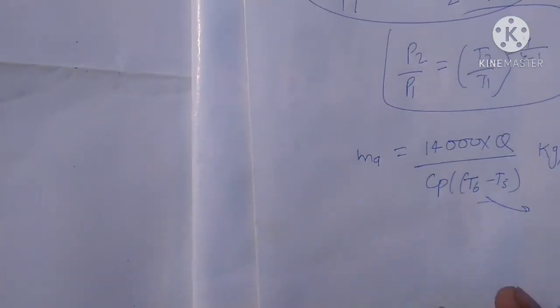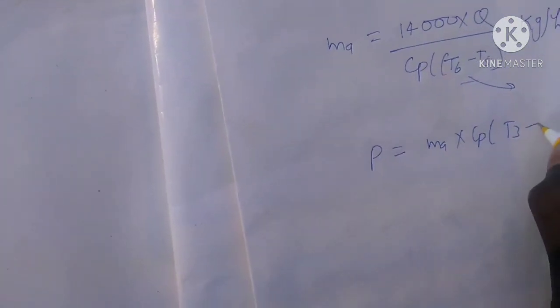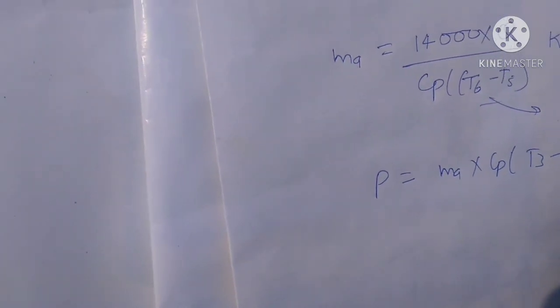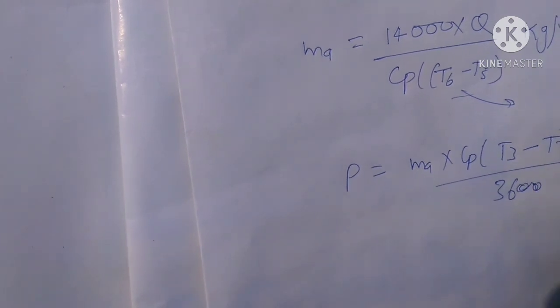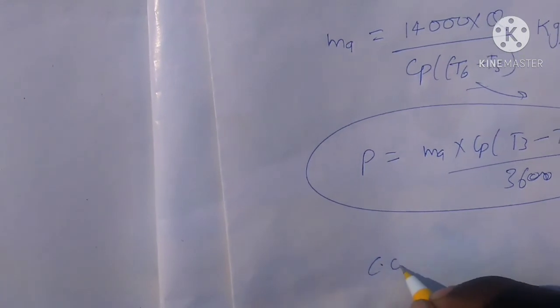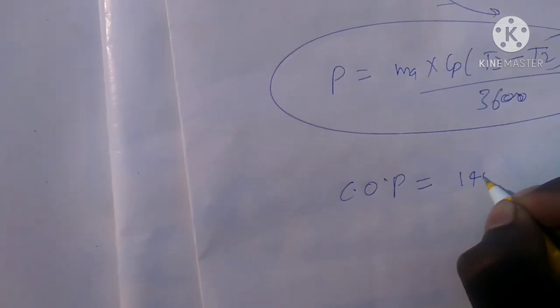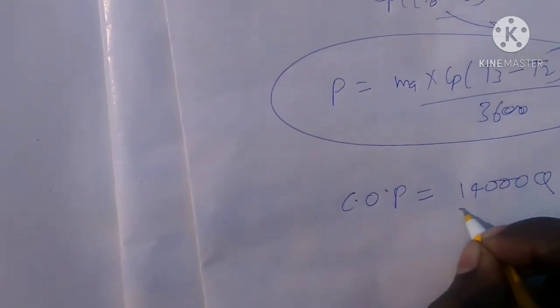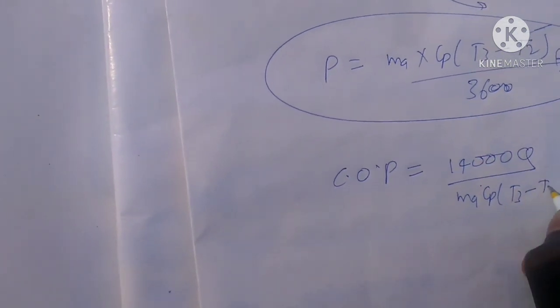Here T6 is the cabin temperature. And P is the power required for the refrigeration system: MA times Cp (T3 minus T2), where T3 and T2 are compressor temperatures, divided by 3600, in kilowatts. Then the COP for refrigeration equals 14,000 Q divided by MA Cp (T3 minus T2).